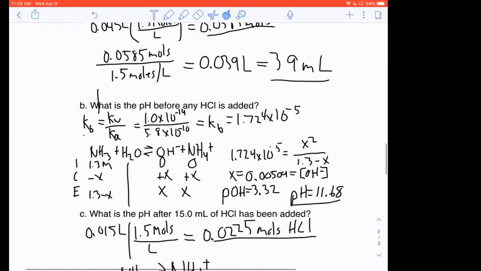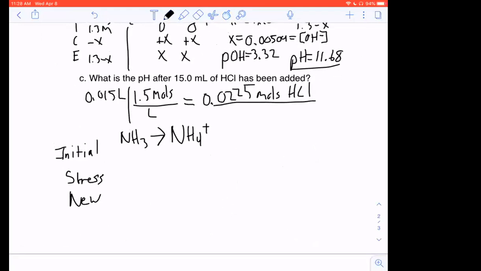So we're going to use that as our initial number of moles of ammonia, 0.0585 moles. For NH4 plus, at the beginning when none of it's been converted yet, this is going to be 0 moles. Remember, initial is just what you started with before you added any titrant.